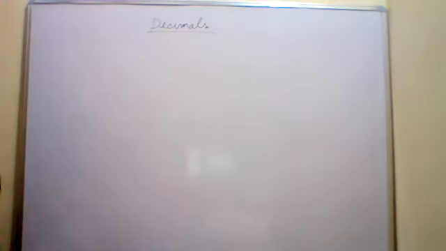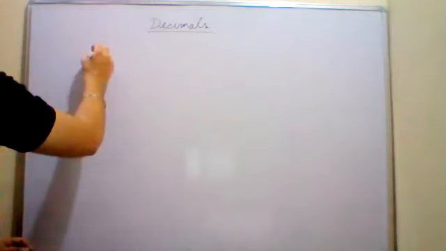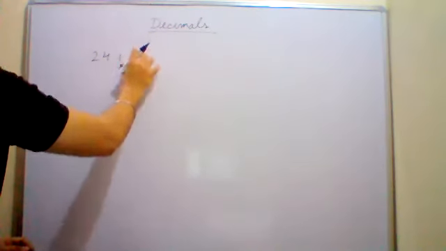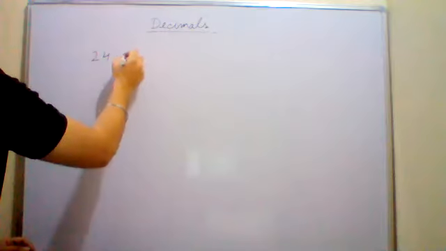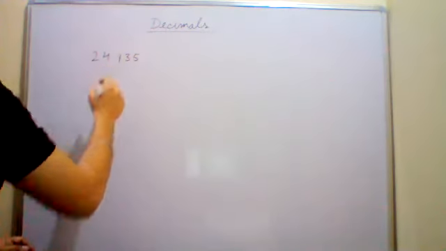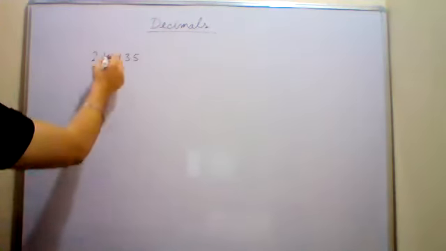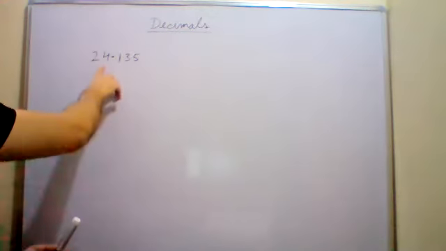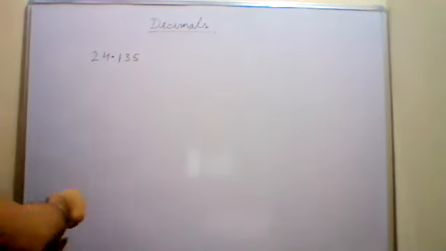So first of all, decimal numbers. What are decimal numbers? I am giving you an example of a decimal number, 24.135. Where is the decimal? The decimal is after digit 4. So how do you call this number?